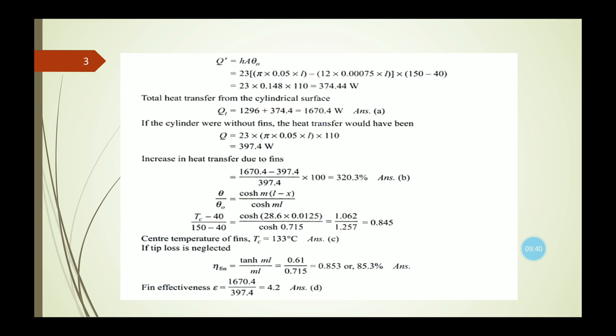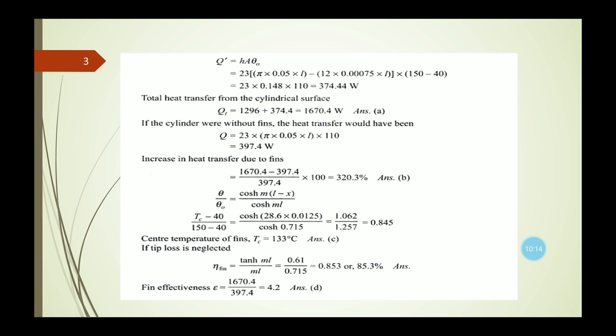Now for the last part of this numerical, if the tip is neglected, in that case eta fin is equals to tanh ml divided by ml. So the fin efficiency is tanh ml divided by ml. So we are getting this as 85.3%. And the fin effectiveness, this is equals to 1670.4 divided by 397.4.